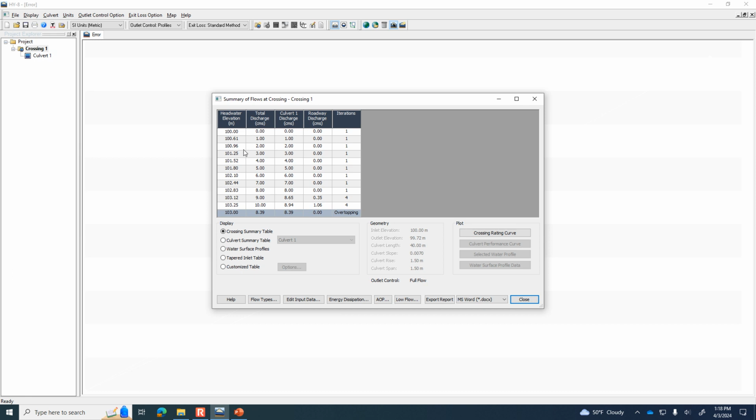It says we want to find out when the headwater is 2 meters, what's the flow rate? So when the headwater elevation is 102.1 meters, then the total discharge is 6, and none of that is going over the roadway. So between 101.8, which is 5 cubic meters per second, and 102.1, so we can't say between 5 and 6.